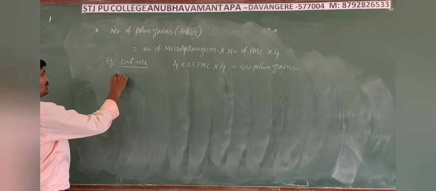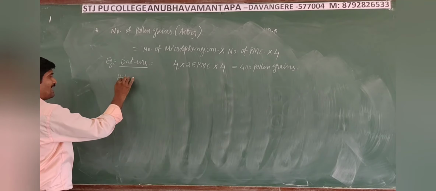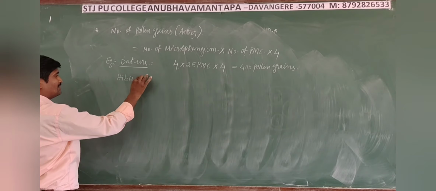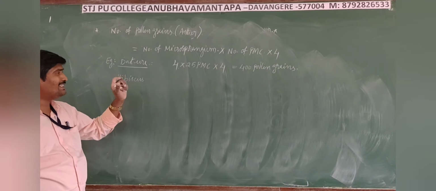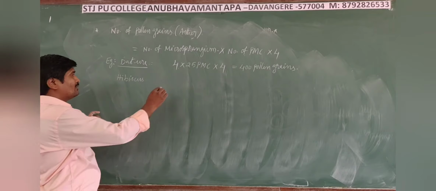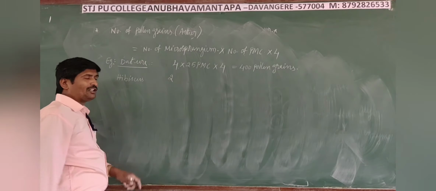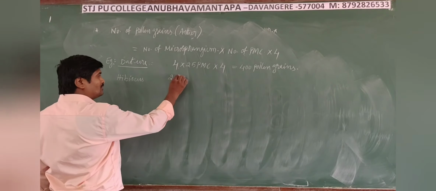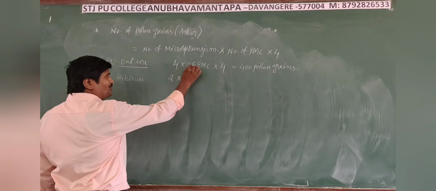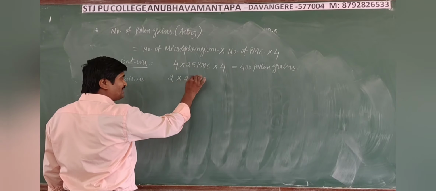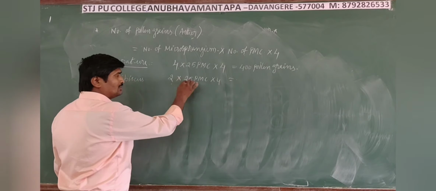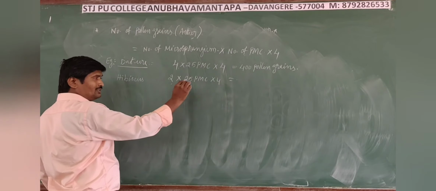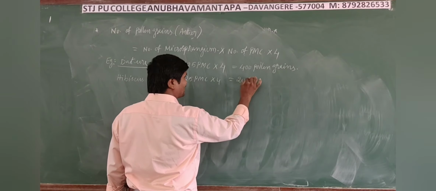Next one, take one more flower, hibiscus. The hibiscus flower is the best example for monothecous, bisporangiate, with only 2 microsporangia. Each microsporangium, for example, contains 25 pollen mother cells into 4. Total here 200 pollen grains.